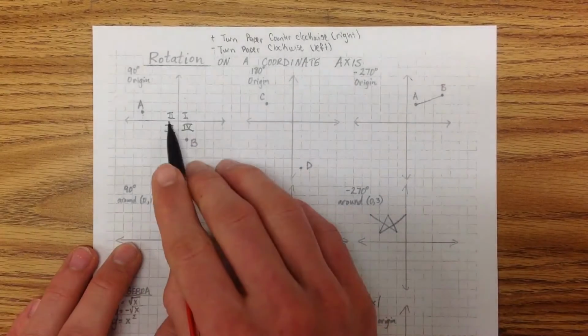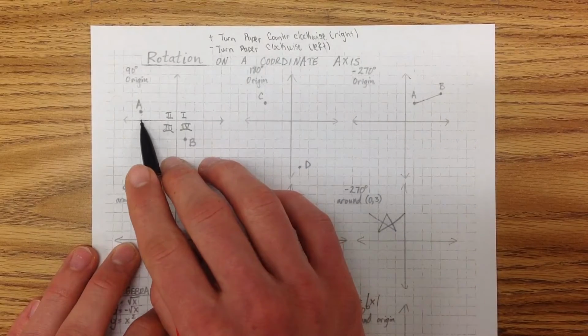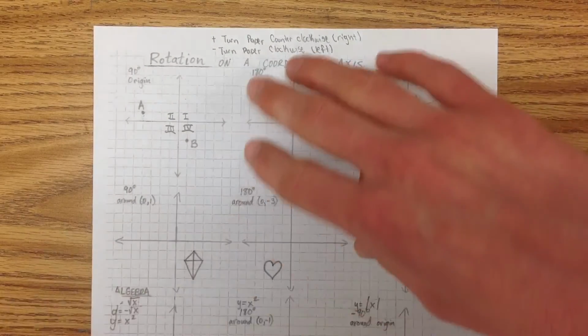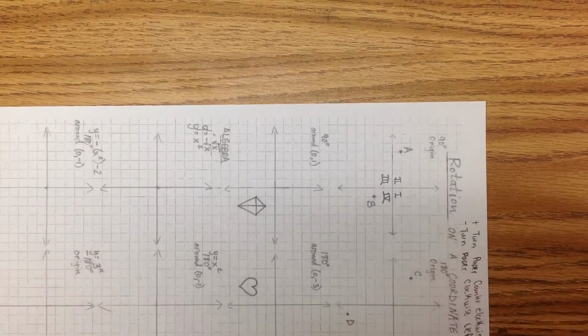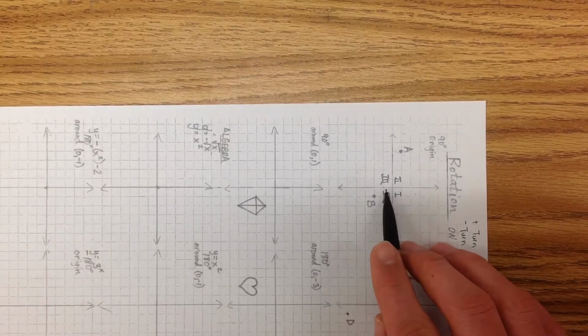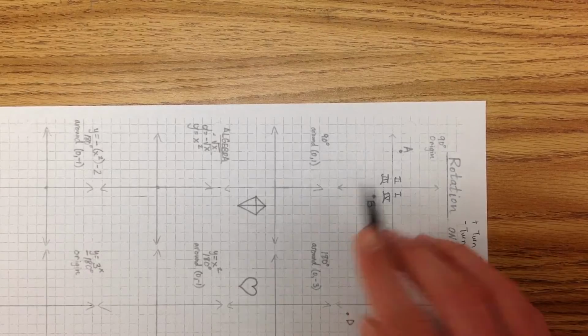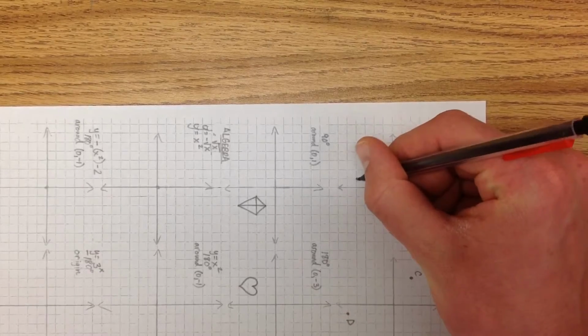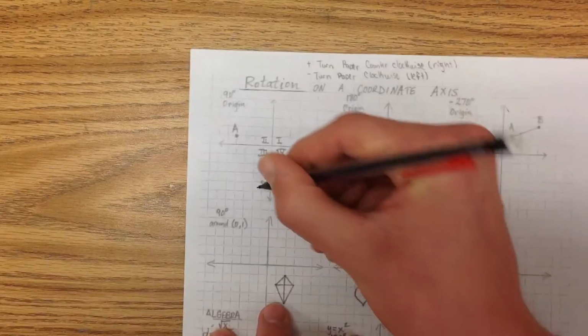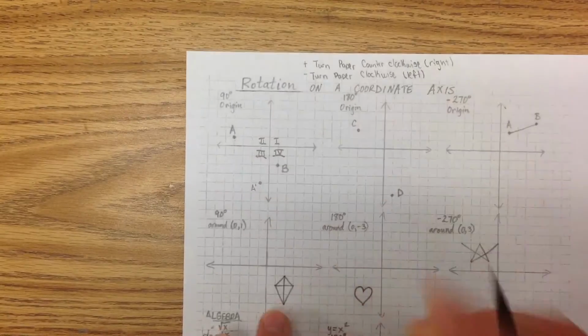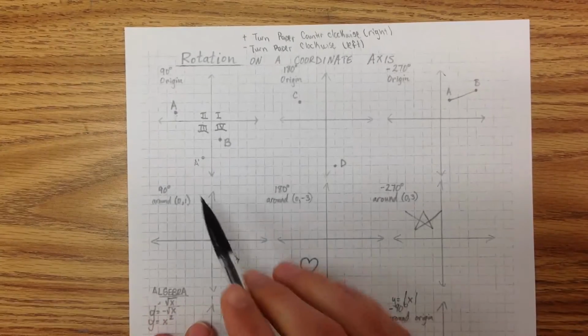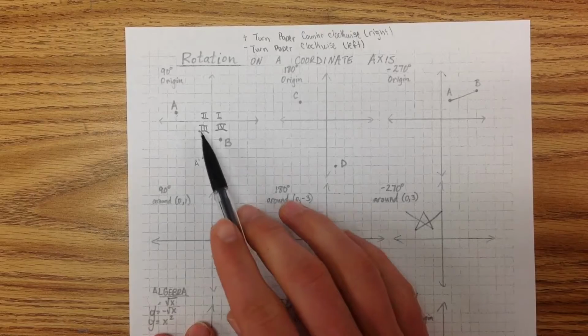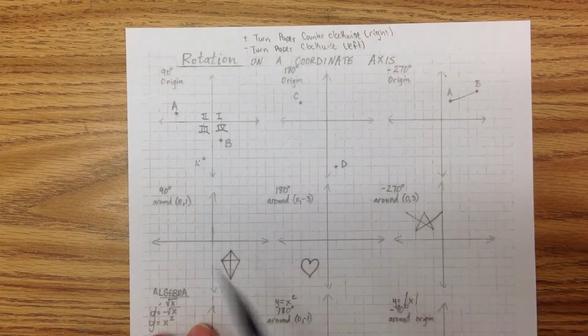If this is left 1, 2, 3, 4, up 1, I turn my paper, and I do the same thing: left 1, 2, 3, 4, up 1. Now that's the new location for A. That is this rotated 90 degrees.